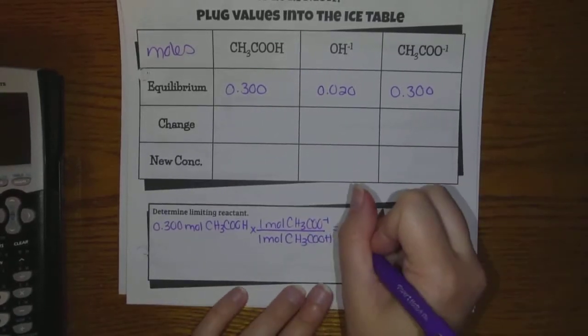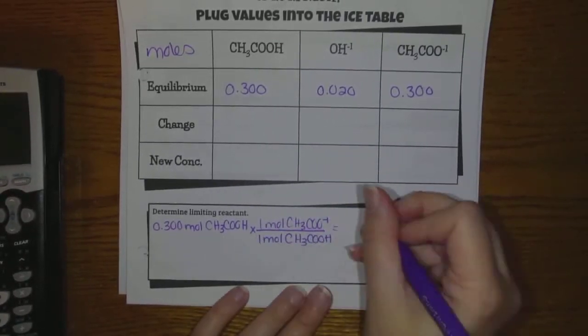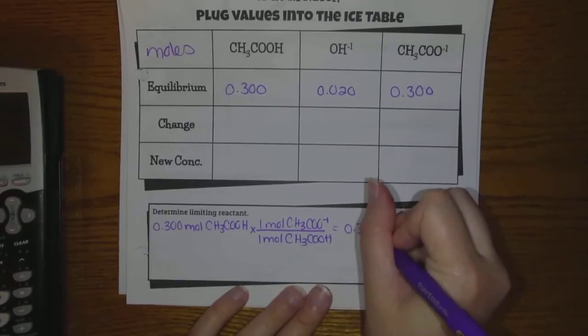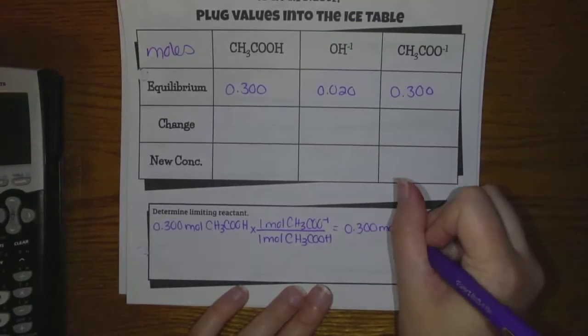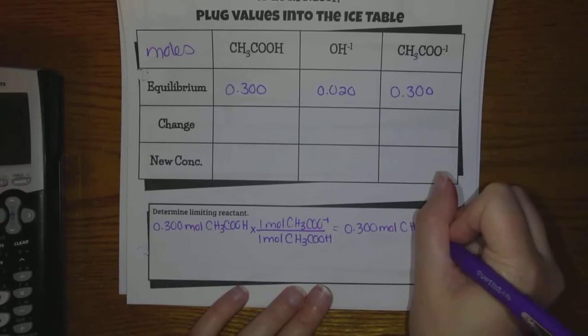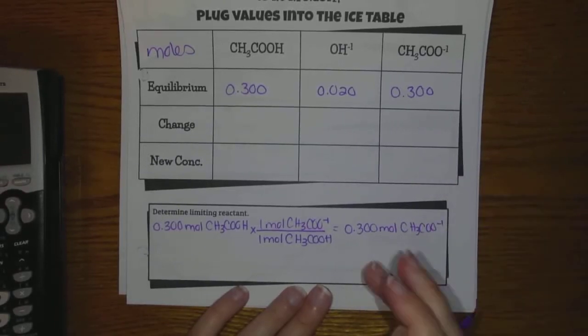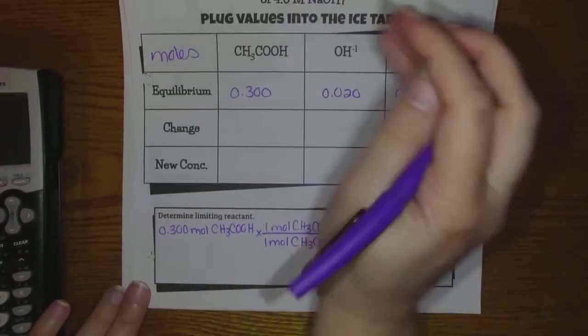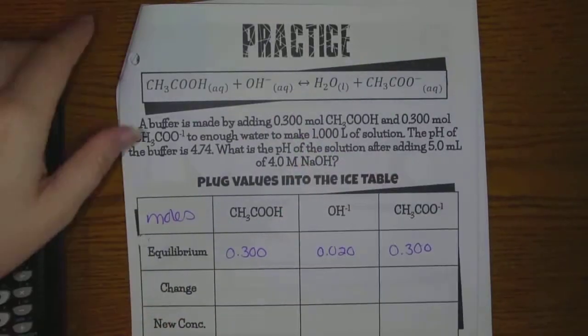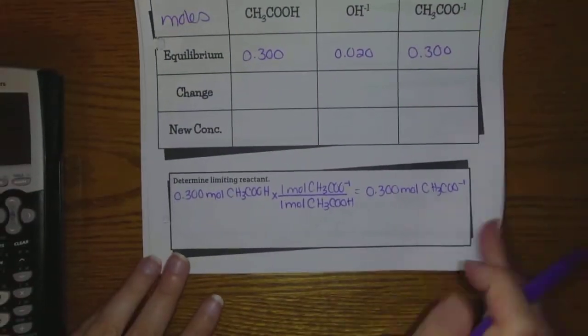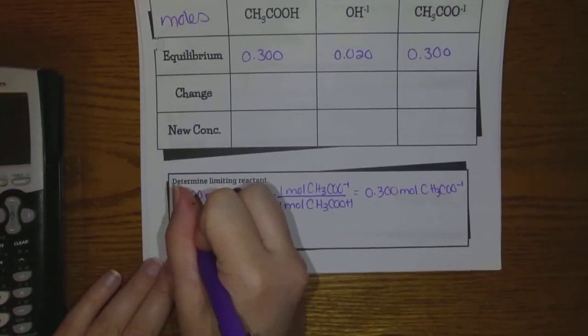Therefore, we see we've got a 1-to-1 ratio, so we're going to have 0.300 moles of CH3COO minus. Now we look at our second reactant, our hydroxide ion, and we're going to convert that one to acetate.